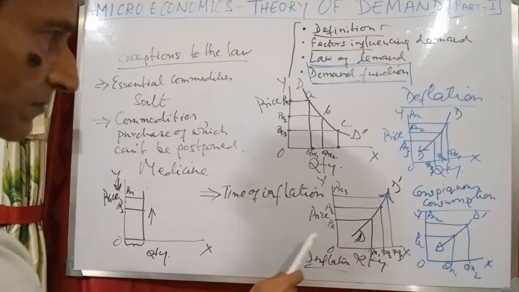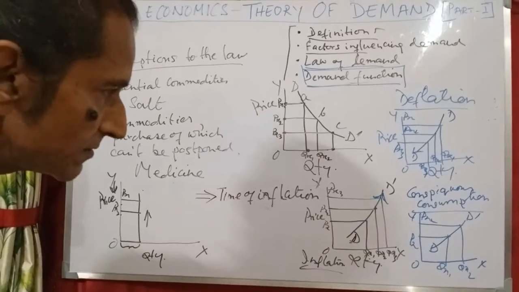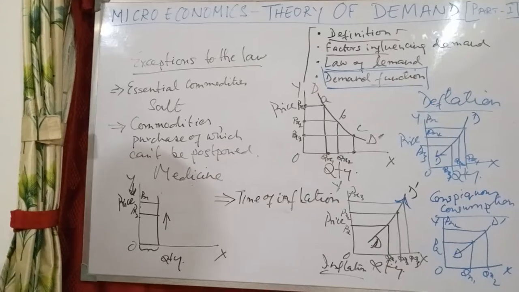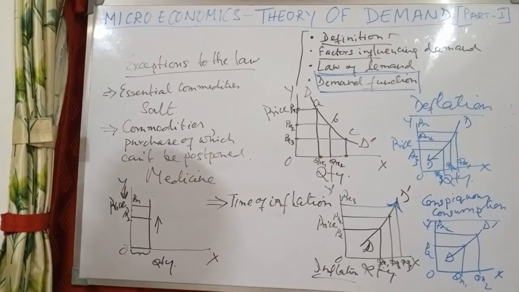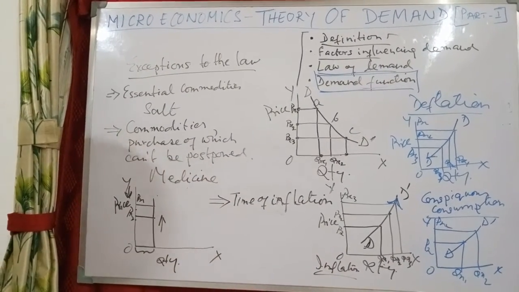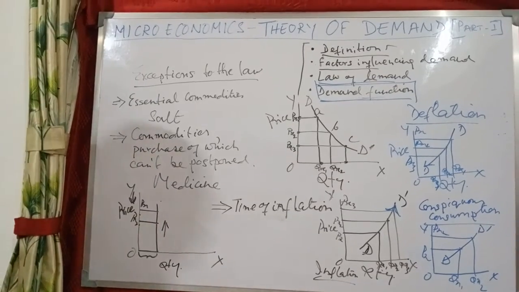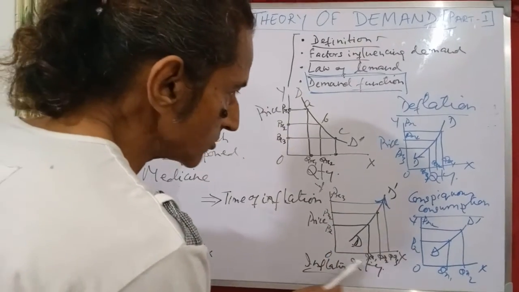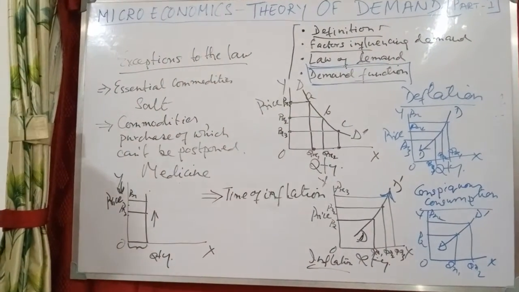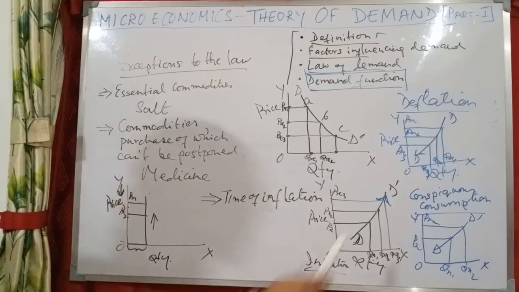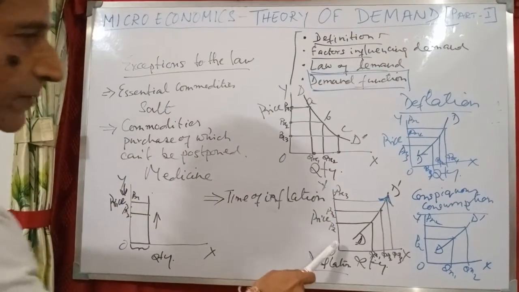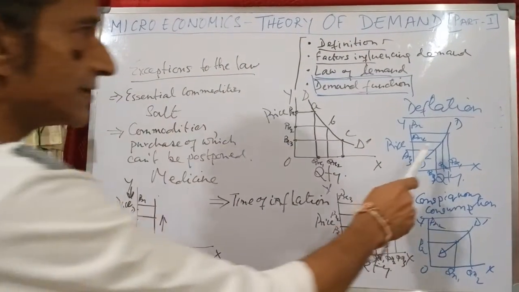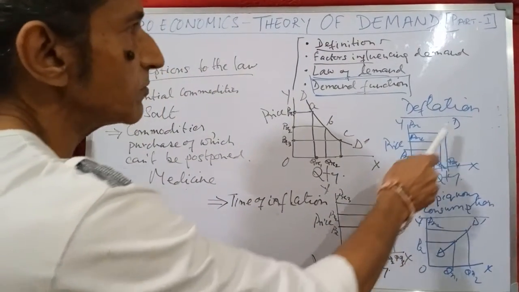Next, during inflation, the consumer purchases more of the commodity because he thinks that tomorrow the commodity will go beyond his reach. So, during inflation, as price increases, quantity demanded also increases. And during deflation, the opposite thing happens. Here the demand curve is upward sloping from left to right. Here the demand curve is downward sloping from right to left.